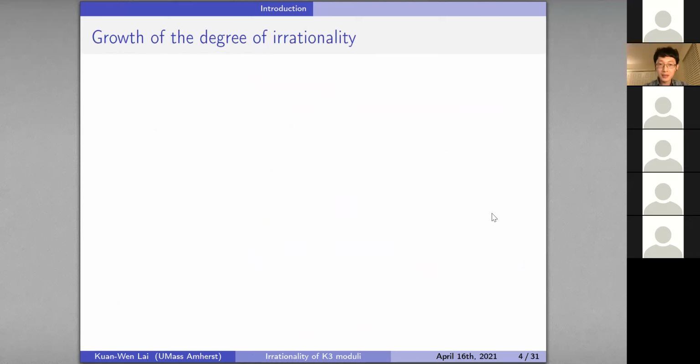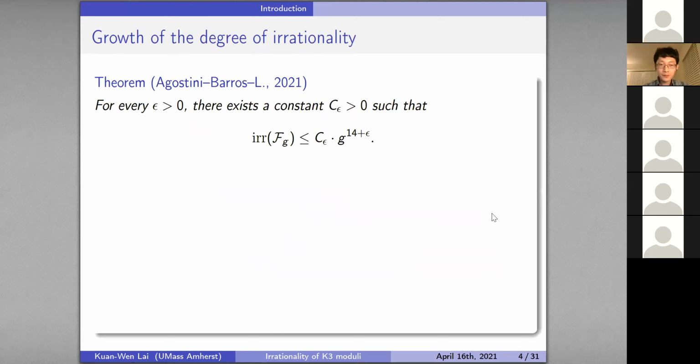Okay, so this is our main theorem. For every epsilon, a positive real number, there's always a constant C_epsilon greater than 0, such that the degree of irrationality of the moduli space of K3 surfaces of genus g is bounded by this constant times g to the 14 plus epsilon.